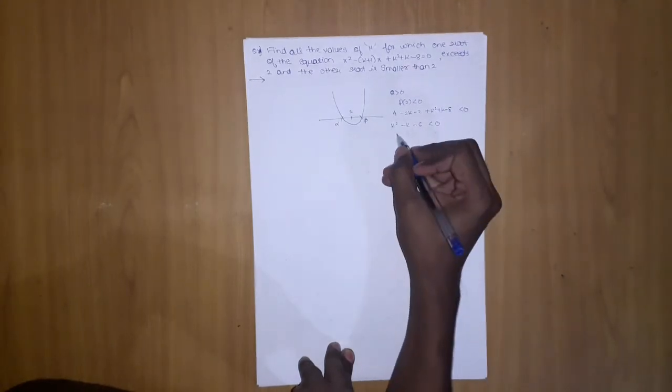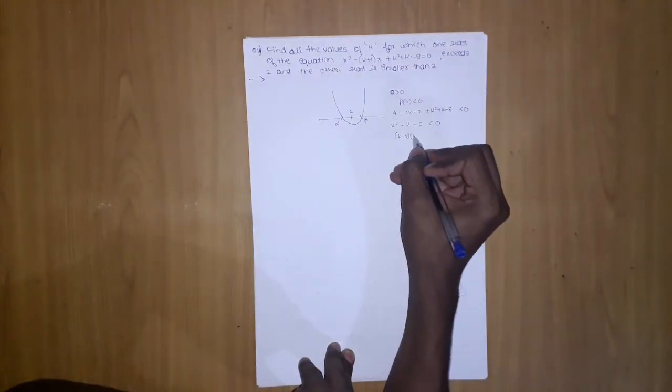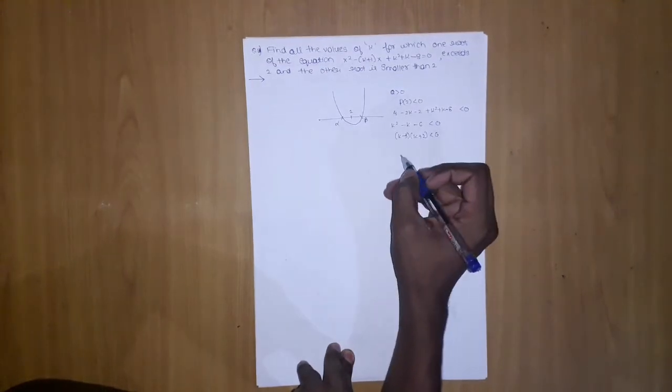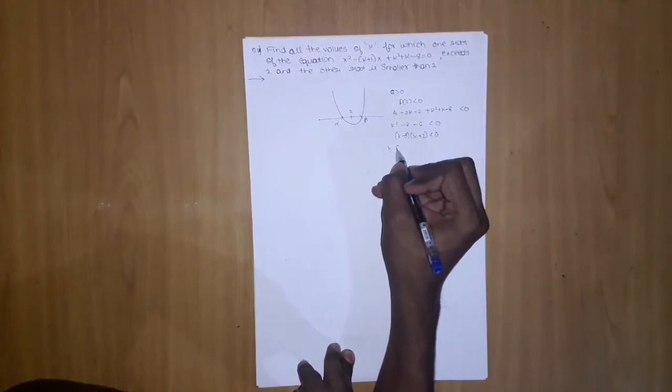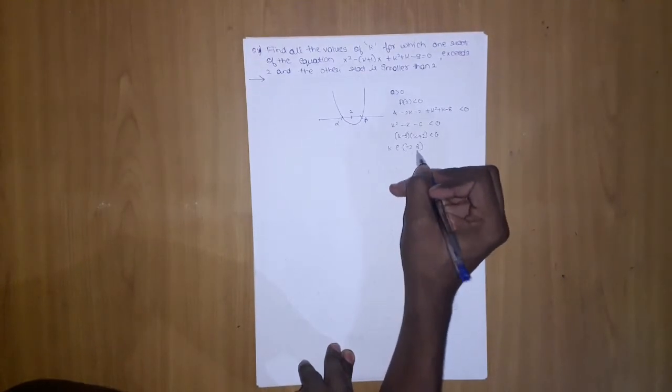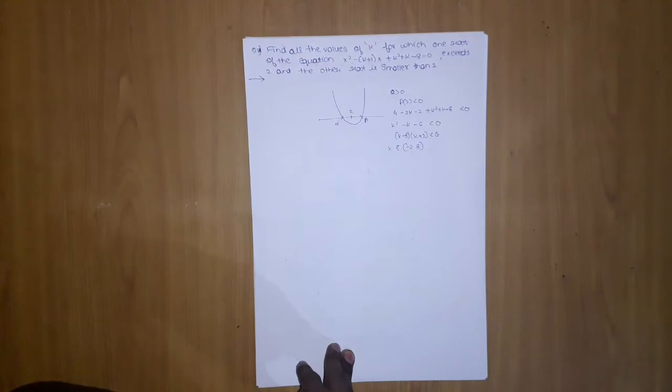That gives (k minus 3) into (k plus 2) less than 0. If we draw the wavy curve, since it is less than 0, we will get minus 2 to 3. So k belongs from minus 2 to 3.